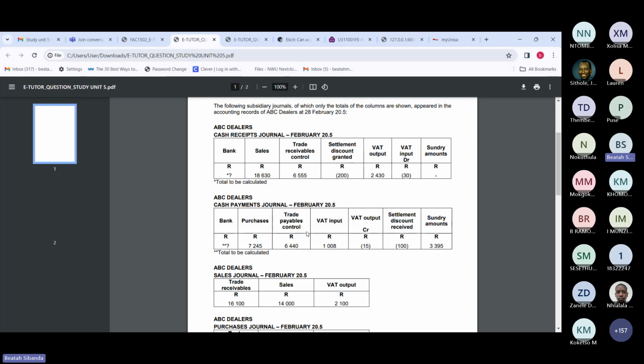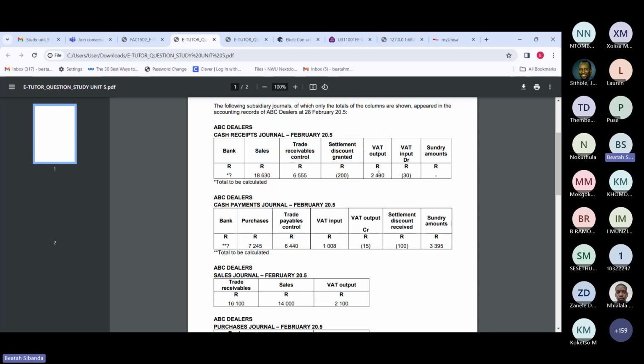So every time you sell something, you must take 15% of that and give it to SARS. So you are going to credit your sales account and then you credit your VAT output. So your VAT output will have a credit balance and your sales will have a credit balance, such that if you add the two credits, you are going to have the total sales.